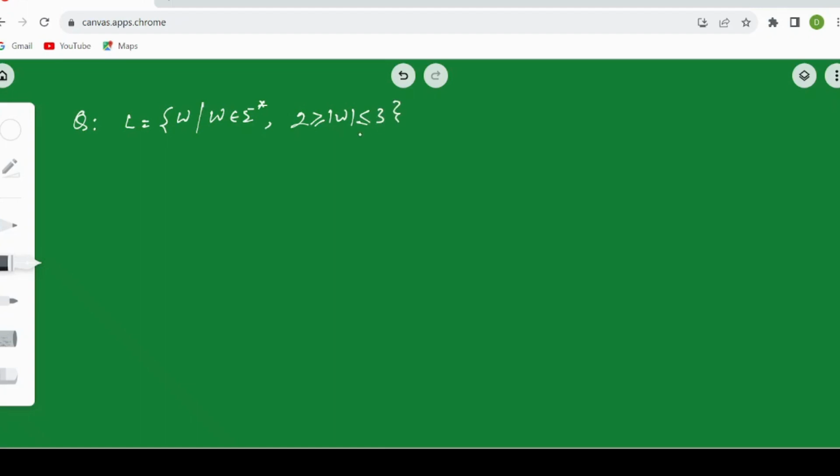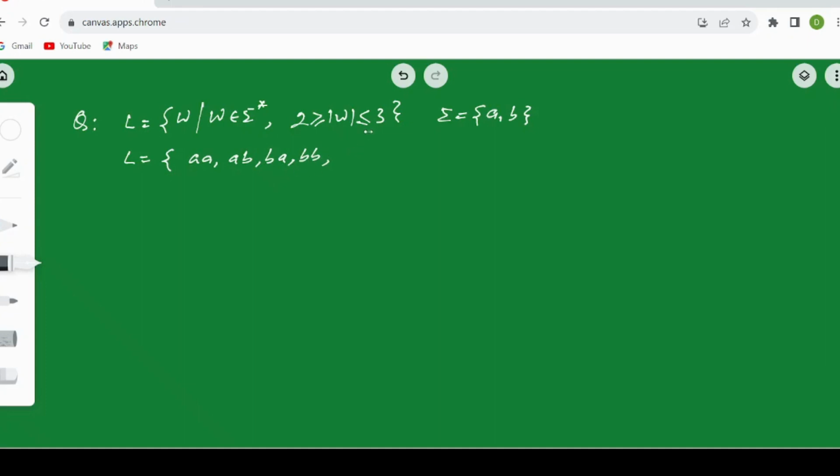It implies that the automaton is accepting the strings of length 2 as well as length 3. The input alphabet given here is A, B. So the elements of the language will include the strings of length 2, that is AA, AB, BA and BB.